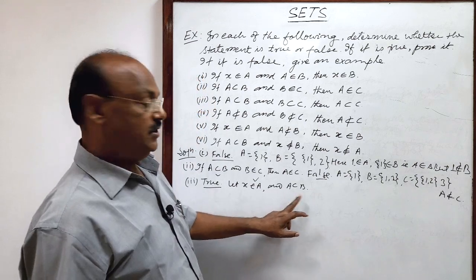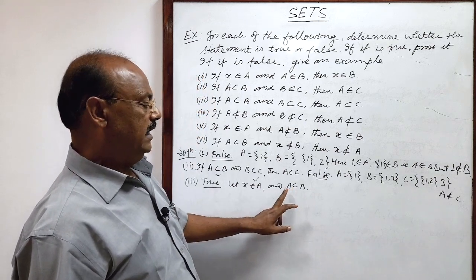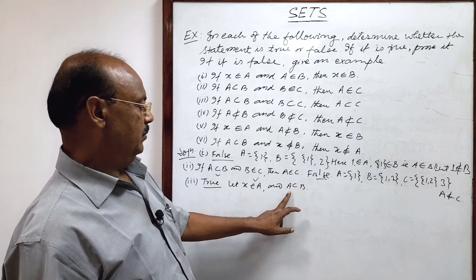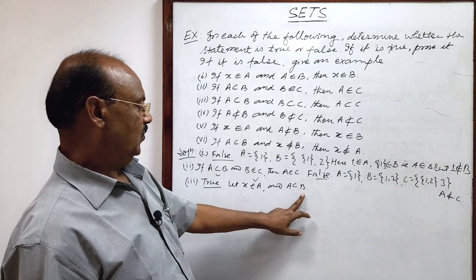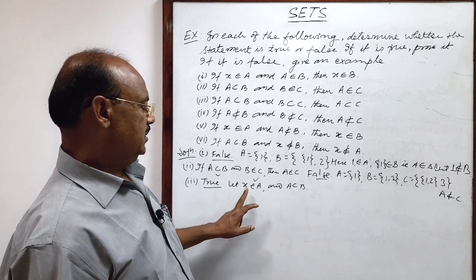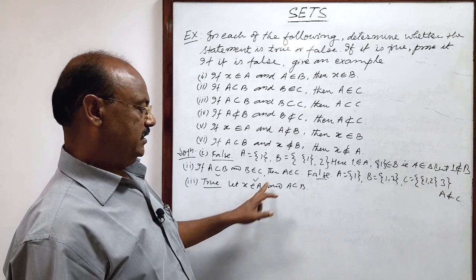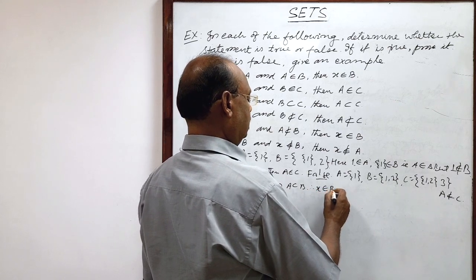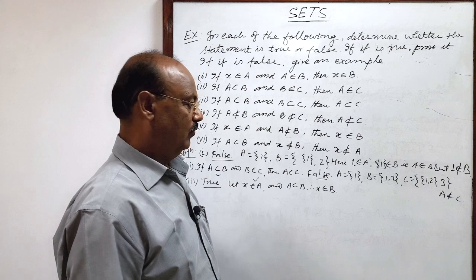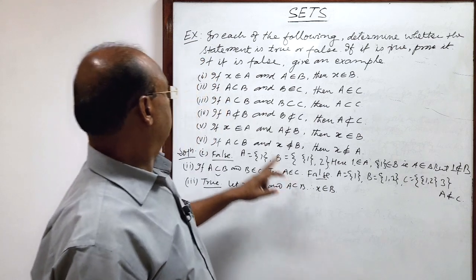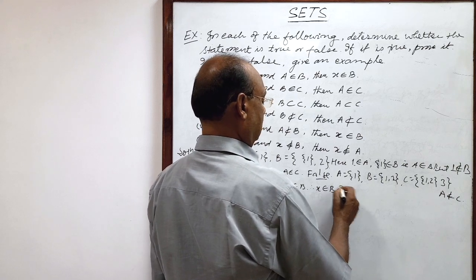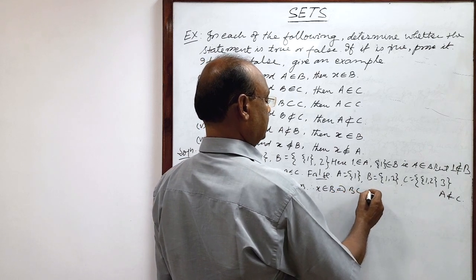If A is a subset of B, it means each and every element of set A must be in set B. So this X is belonging to set B also. And B is a subset of set C.